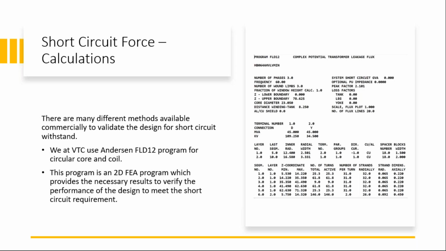This is normally done for the worst case scenario, say when we have a load tap changer, LTC, or when we have just DETC tappings. So this has to be done for extreme taps as well as the nominal taps. In some cases, force can be high at positive taps, 16R. In some cases, it can be at 16L.